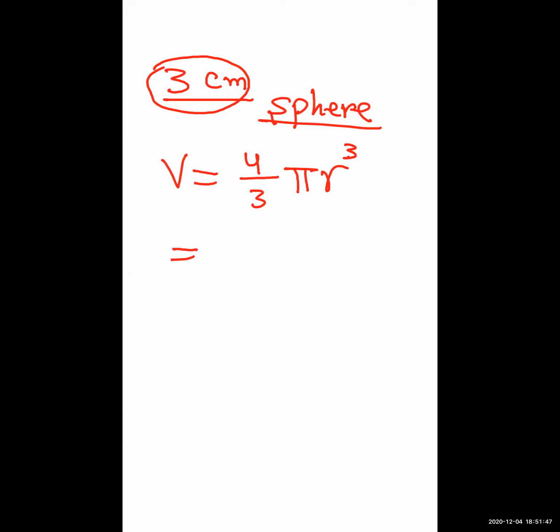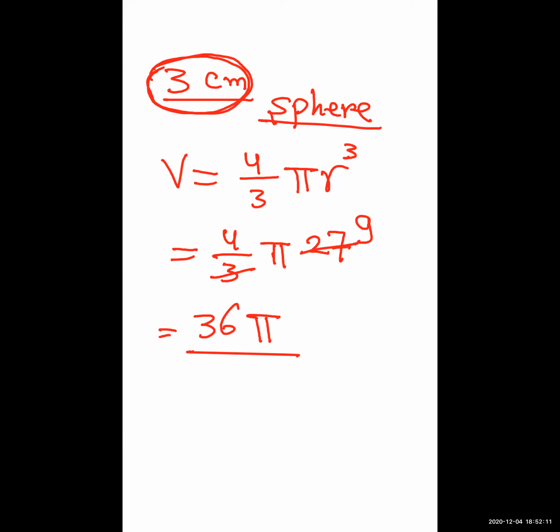So the volume will equal 4 over 3 pi times r power 3, which is 3 power 3, which is equal to 27. Now we can simplify this one with this one, so it will equal 9. So 4 times 9 means 36 pi. So the right answer will equal 36 pi. Okay, guys?